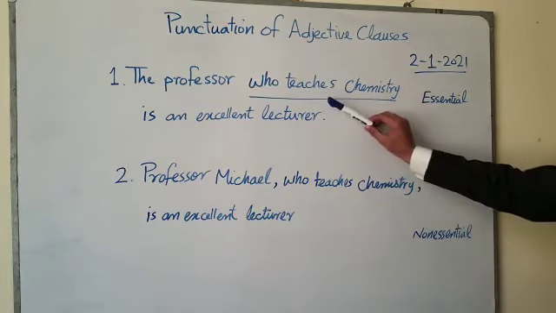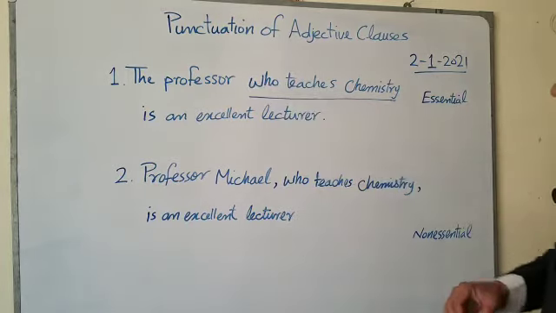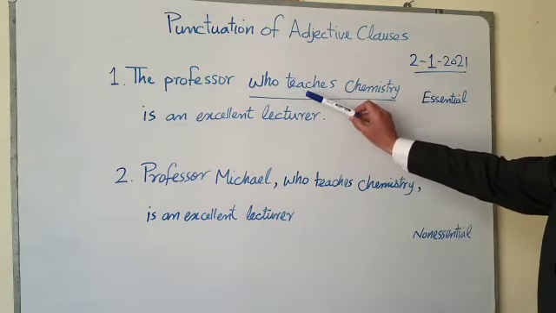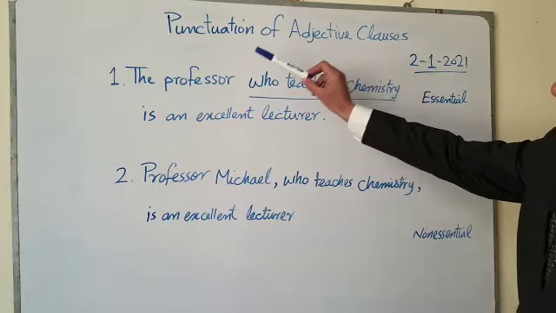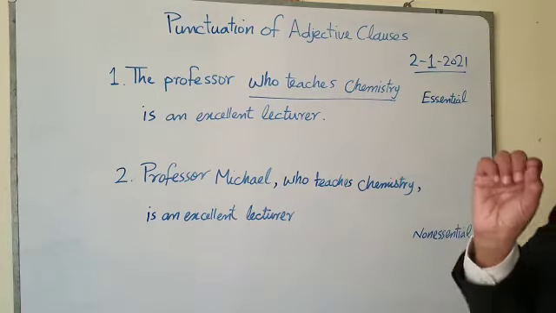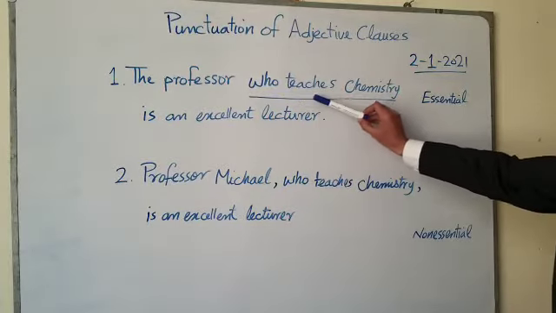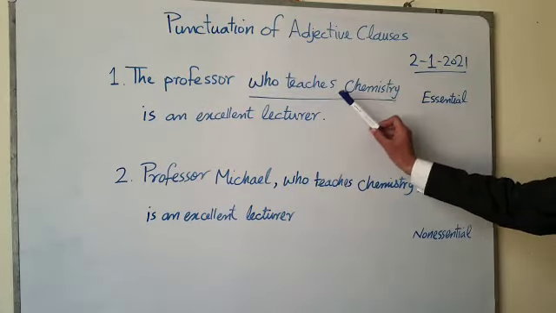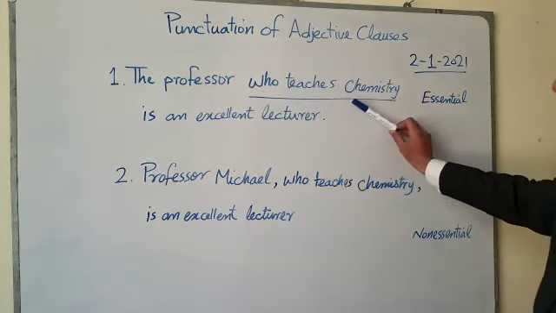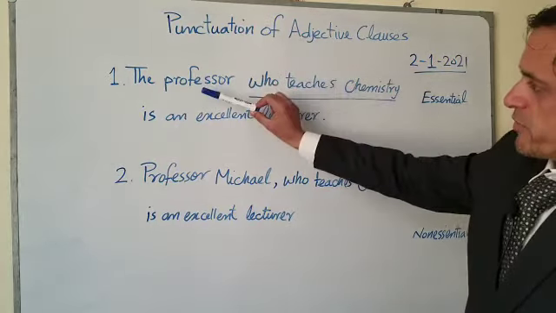Now here, we have not put a comma. Why? Because here this adjective clause identifies this professor. We don't know who the professor is. So this adjective clause gives some information about this professor, identifies and modifies this professor.